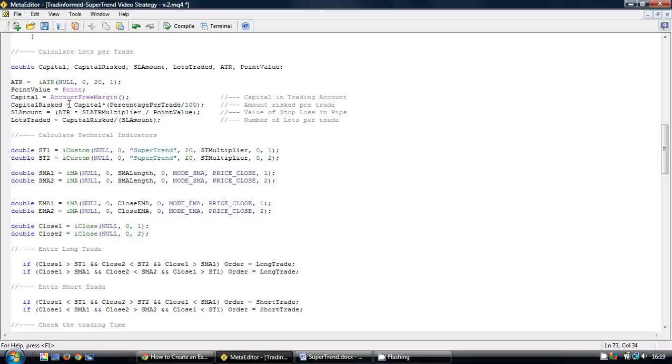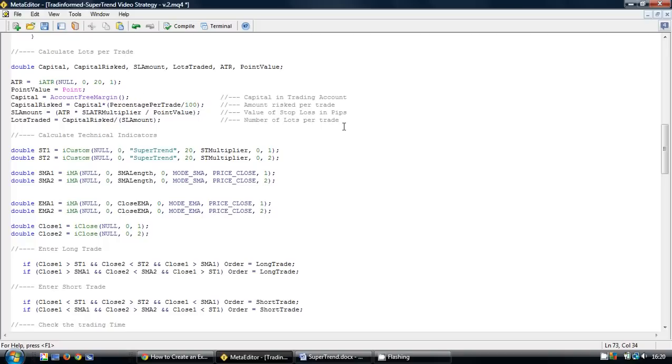Now we're going to calculate our capital risk, and this is the capital multiplied by the percentage per trade as a percentage. Our stop loss amount, this is the stop loss amount in pips, is going to be the ATR multiplied by our stop loss ATR multiplier, which was an external input, and our point value.